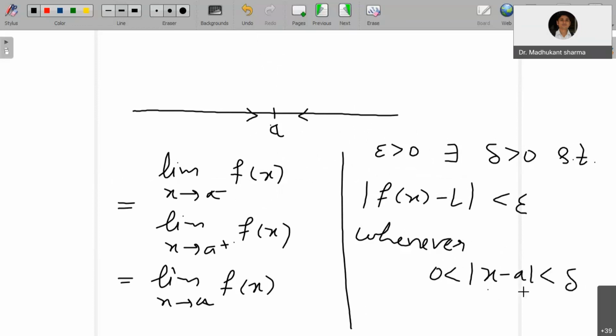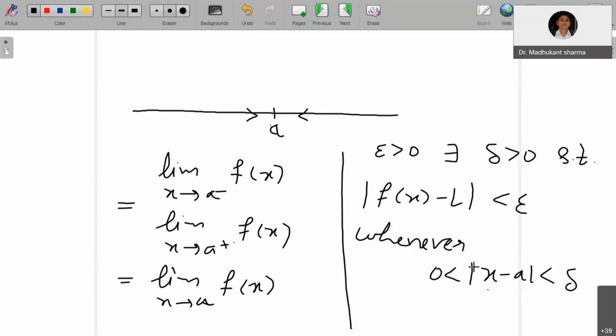So whenever x is approaching a, if you take delta as small as possible, f of x approaches L, whether from the left or right. This was the concept of the epsilon delta definition.